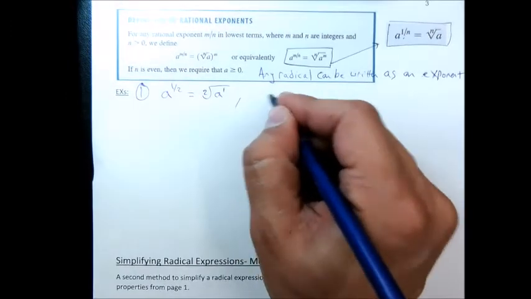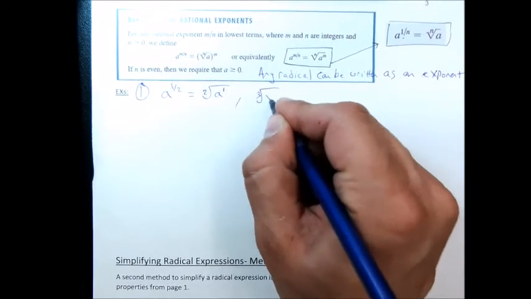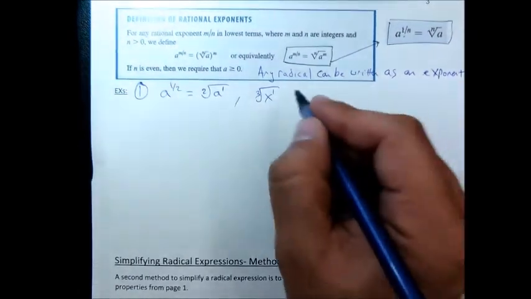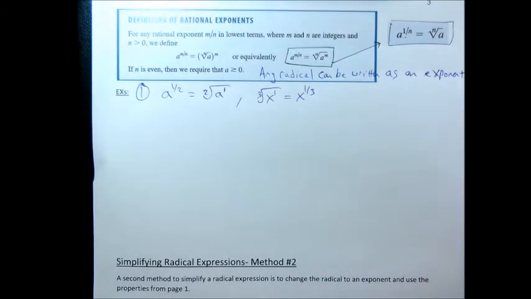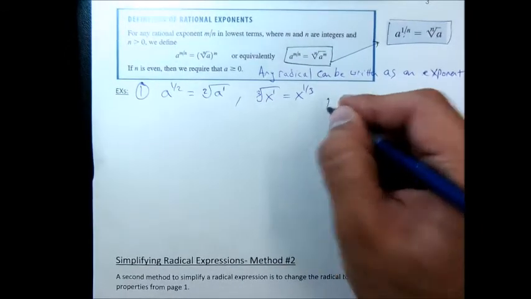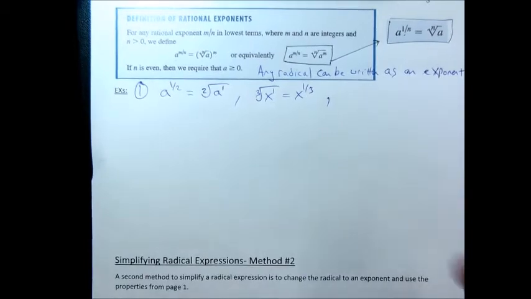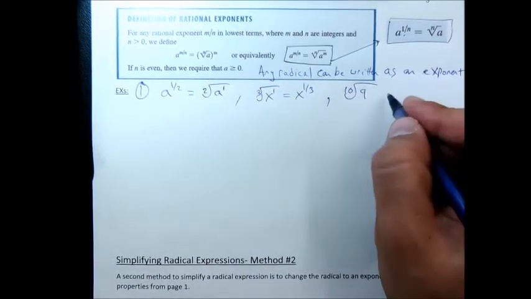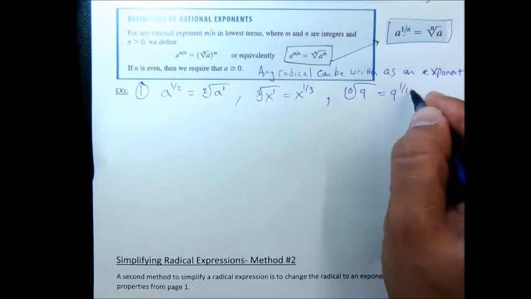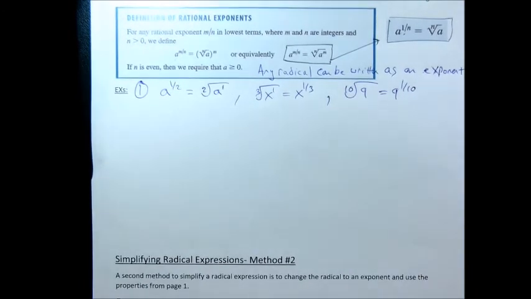So similarly then, if we had the cube root of x, that's the same thing as x to the 1/3. And we can do that with any number, no matter how high, right? So we can have something kind of silly like the 10th root of 9. That's the same thing as 9 to the 1/10. And so you'll see that a little bit in the homework.